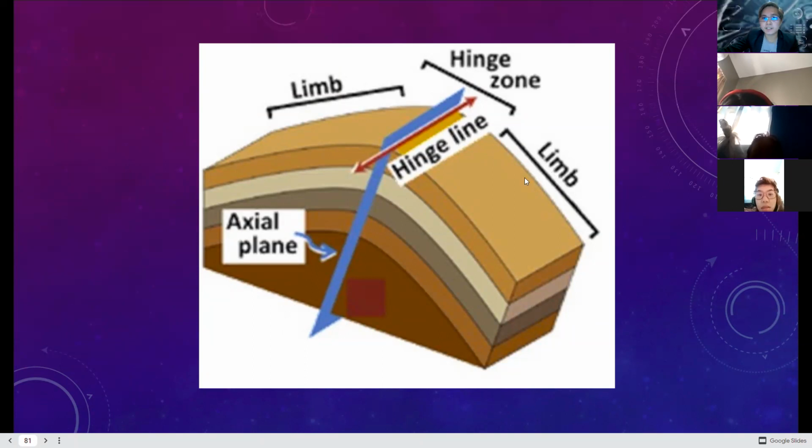These are the limbs. The hinge zone is where you can observe the curvature, and the least curvature are the limbs. So this is now the illustration. Can you clearly see the illustration? Yes, sir.